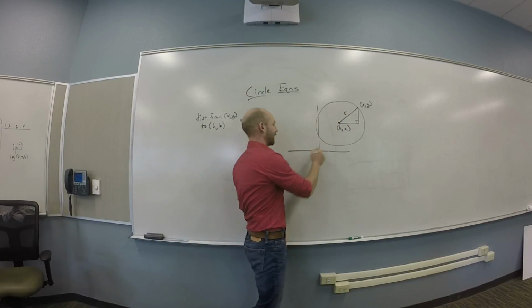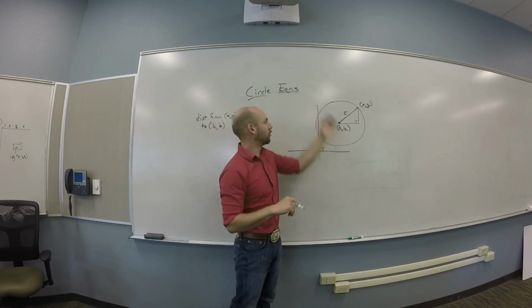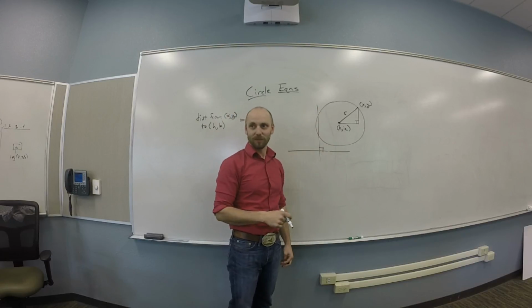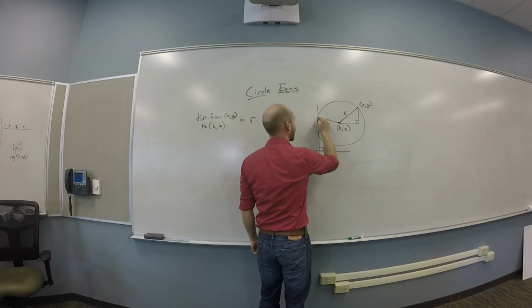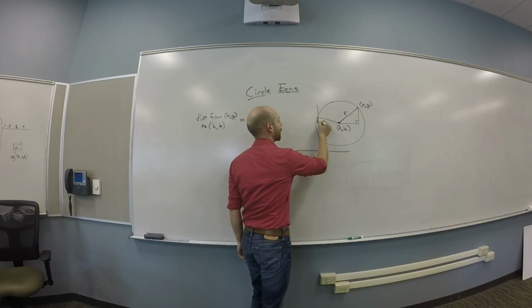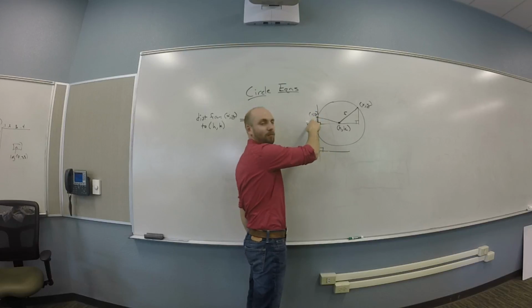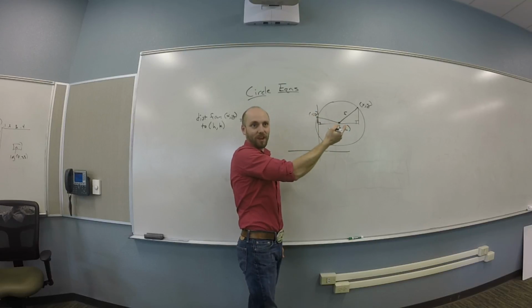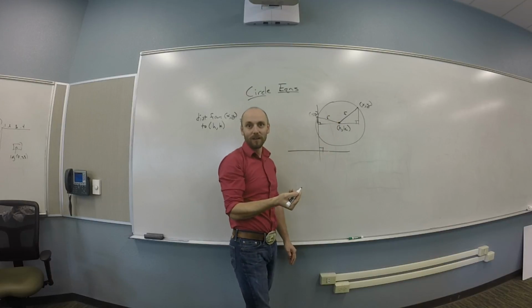I don't know it's a 45, I just drew some random triangle. You can draw this triangle too if you want. It's just any triangle that starts at some point x, y and ends at h, k, and has an r along the hypotenuse.